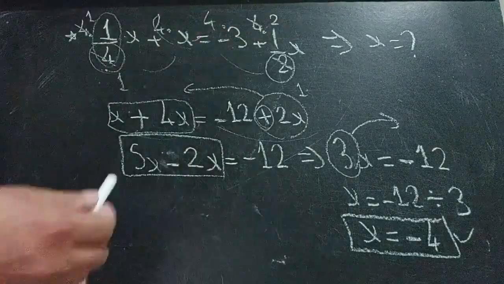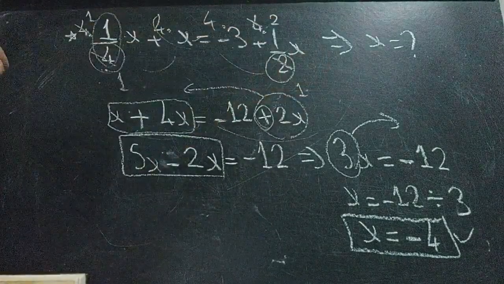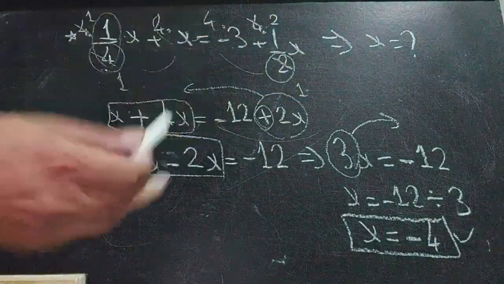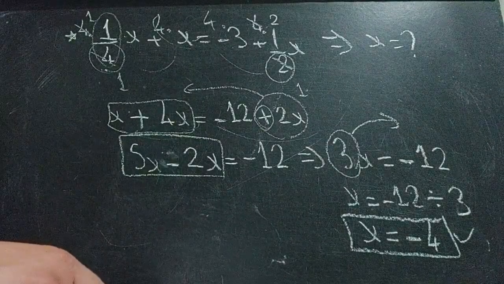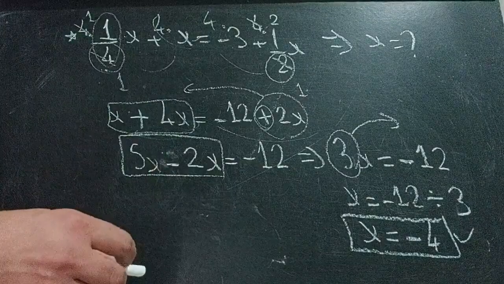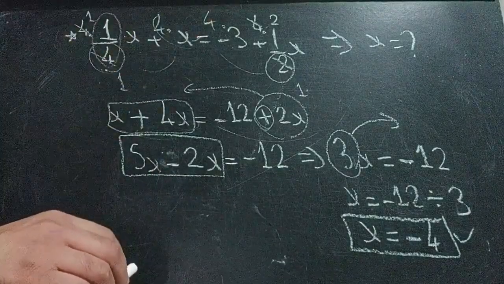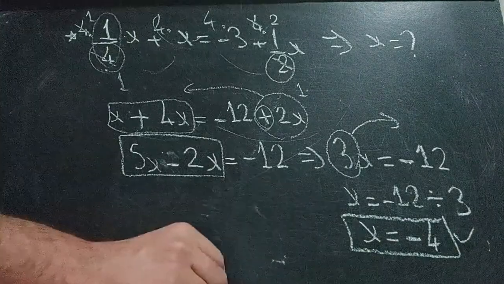Then you do your operations on this side and this side, then choose one side for unknowns, the other side for the other numbers. That means it's going to be longer than this one. That's why just choose this method. It's much easier and is a short method.